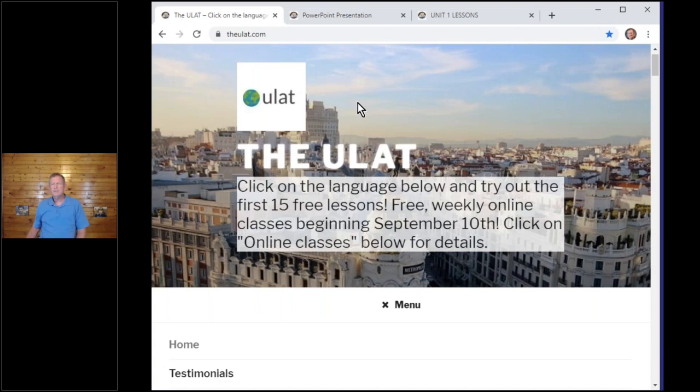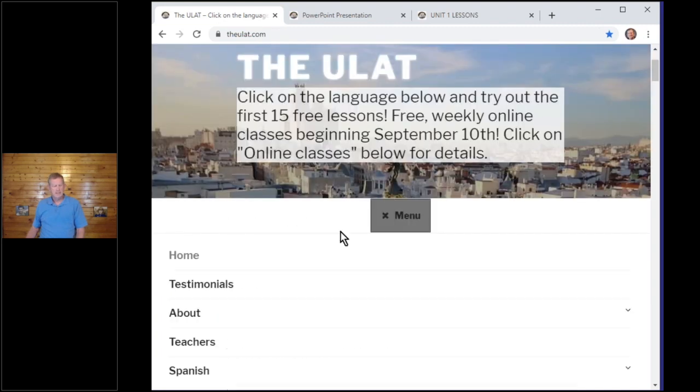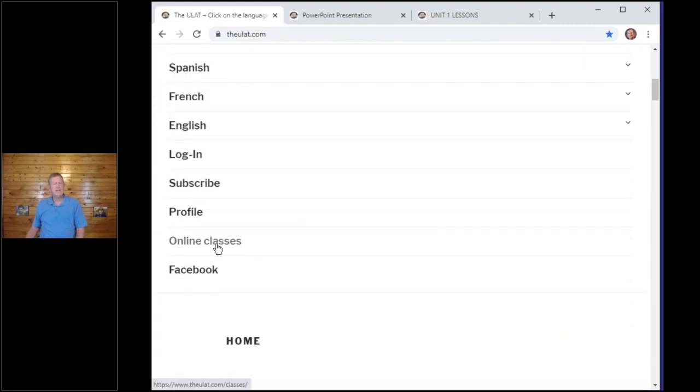Let's take a look at the ULAT website. I'm going to point out a couple of things located there. Okay, hopefully you're seeing the home page of the website. First, I want to point out a very important location for information regarding the online classes. If you look on the home page of the website, scroll down to online classes.